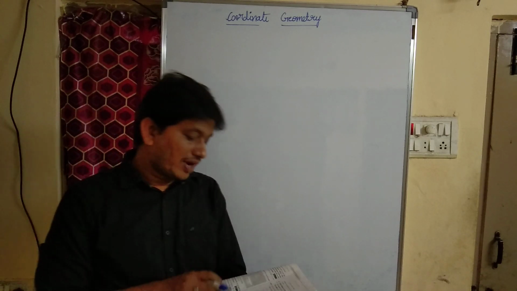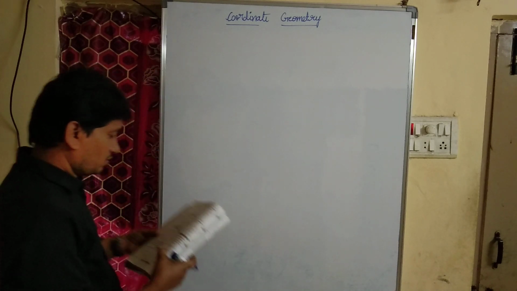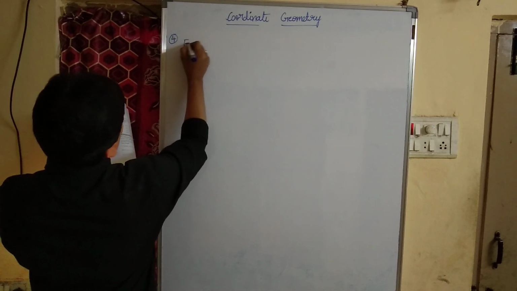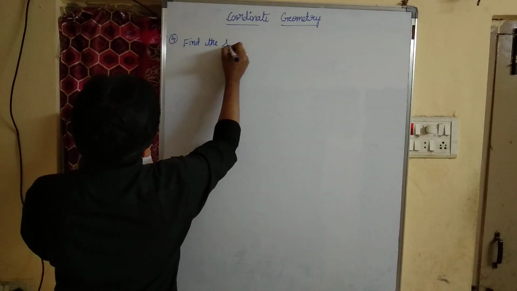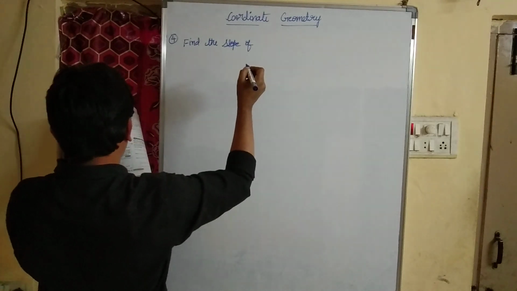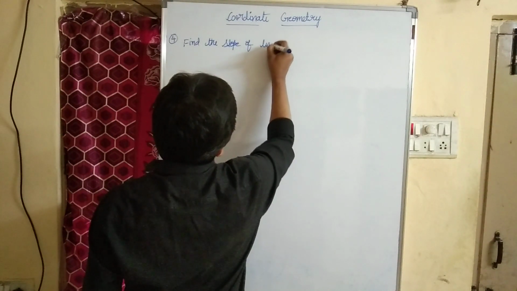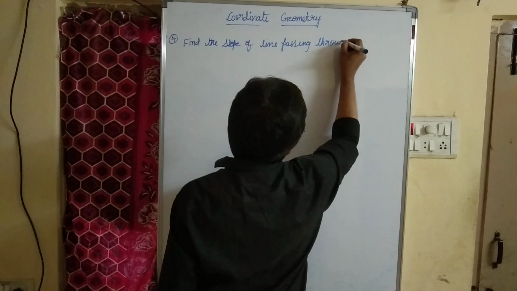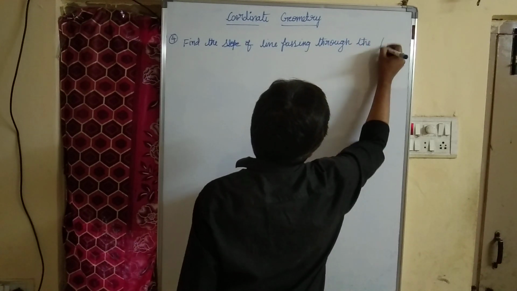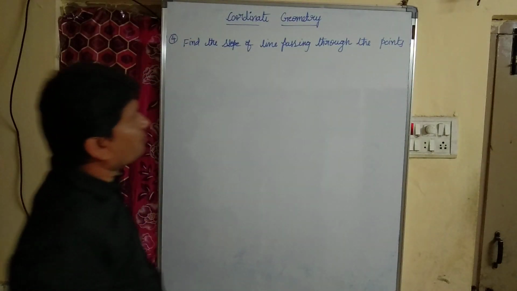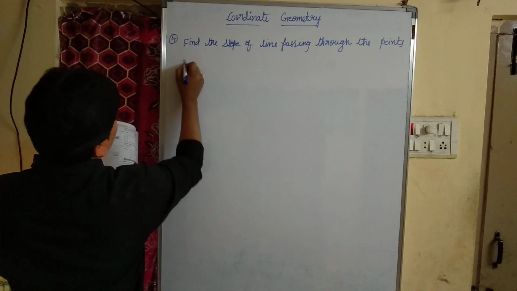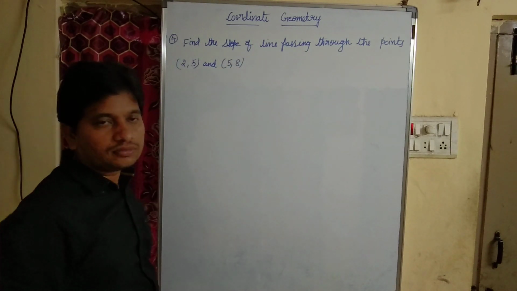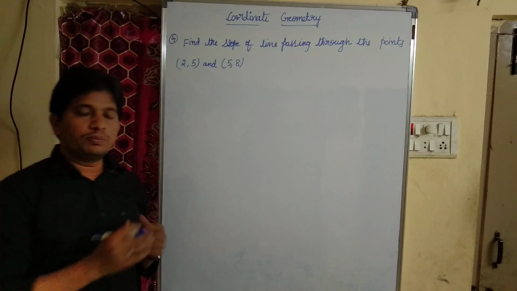Coming to the fourth question: find the slope of the line passing through the points 2 comma 5 and 5 comma 8. So this is our fourth concept, that is slope.